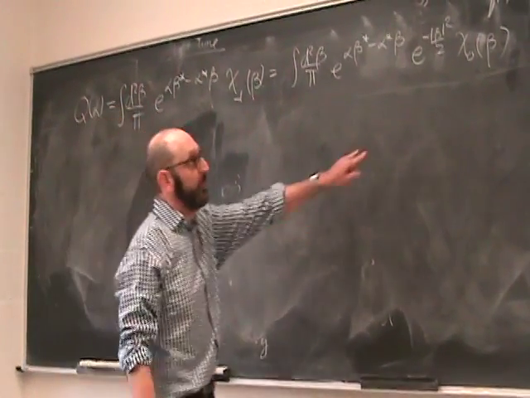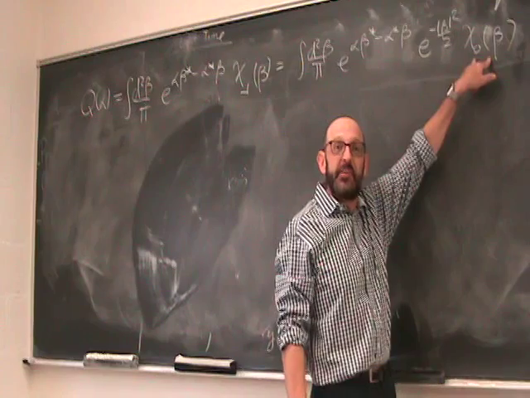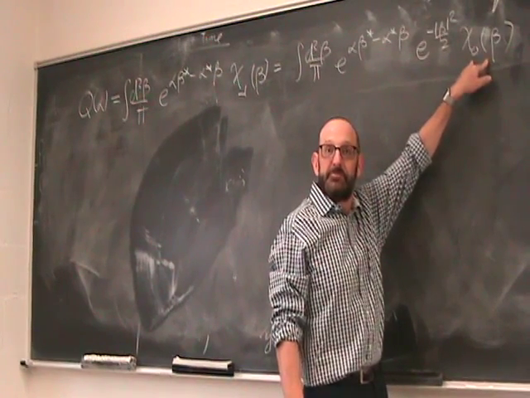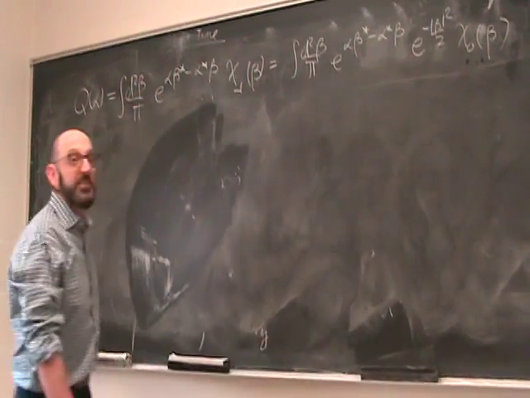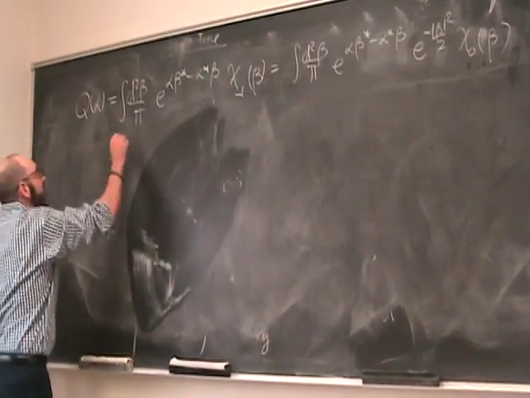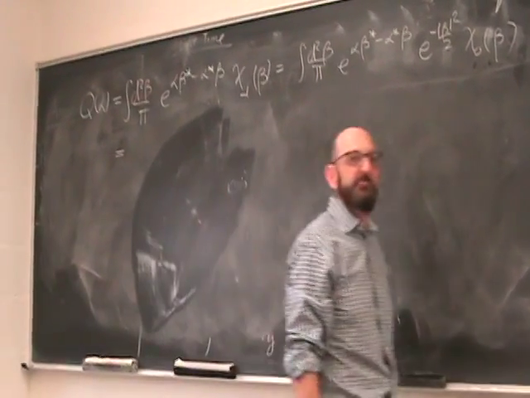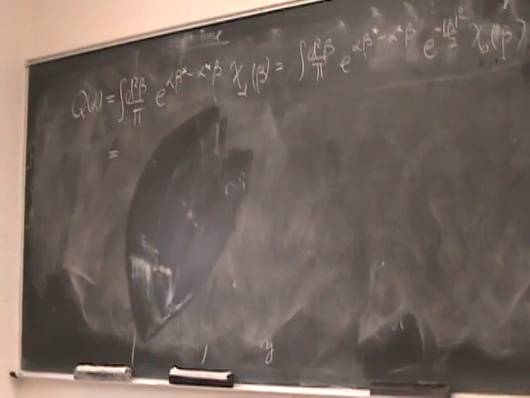But then I could substitute this itself as the Fourier transform of the Wigner function. So this gives me a relationship between the Wigner function and the Q function.